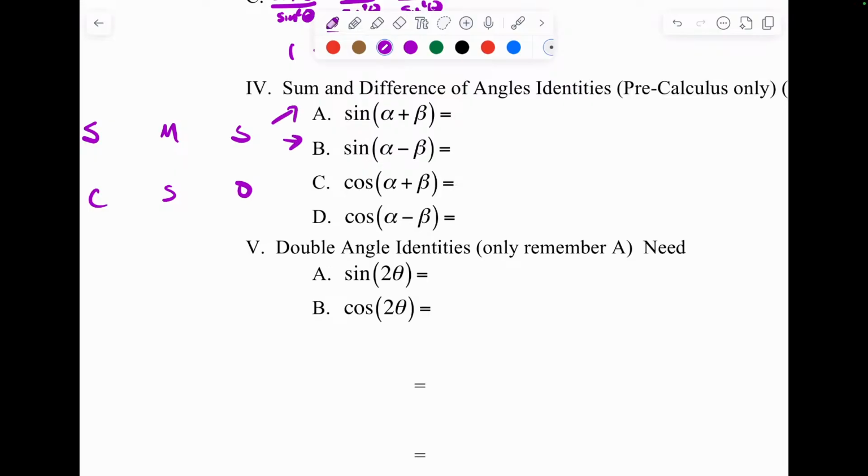So this is for this, and this is for this. This is sine, this is cosine. This is a mixed group. This is the same group. And this is the same sign, and this is the opposite sign.